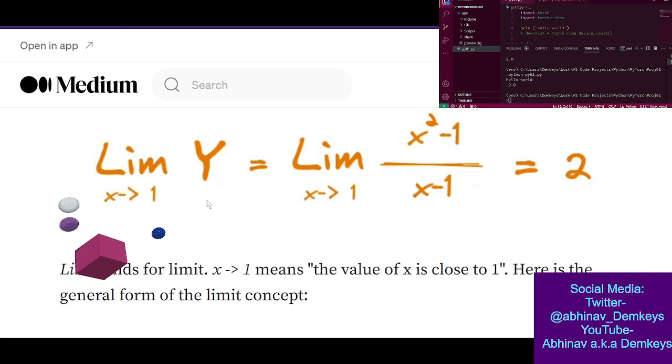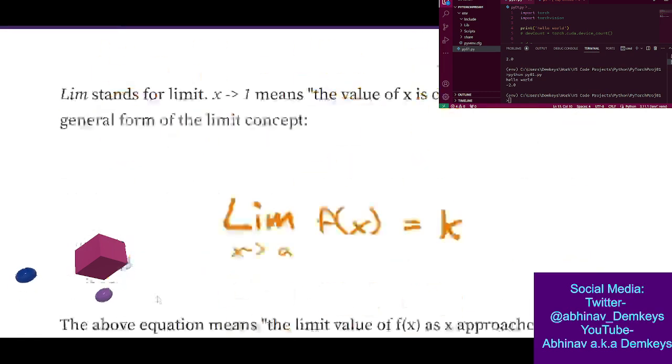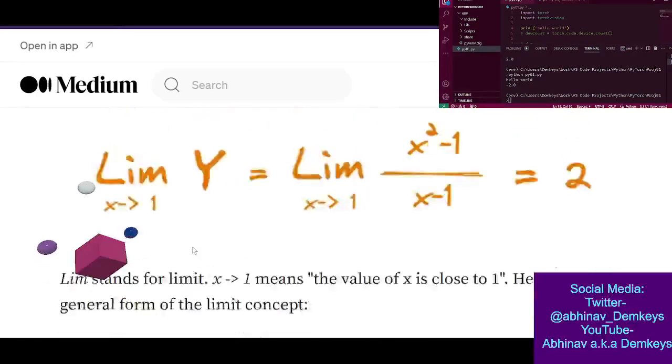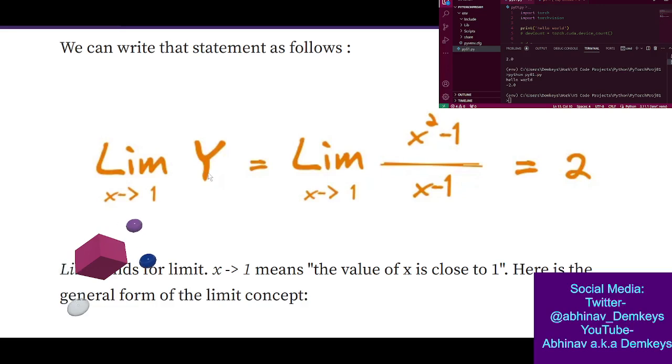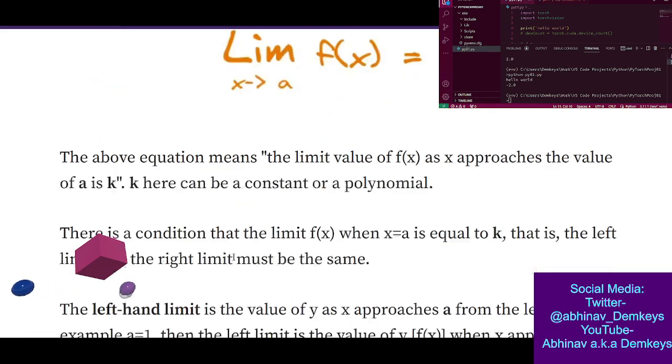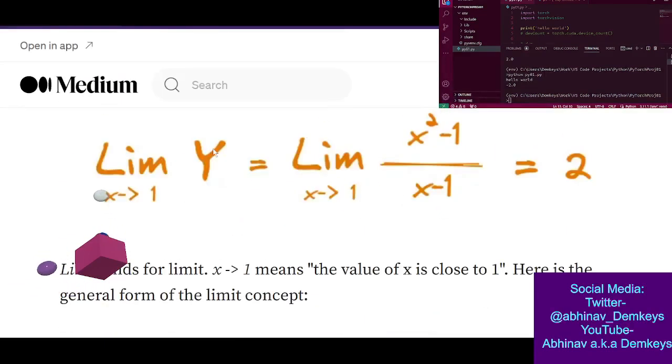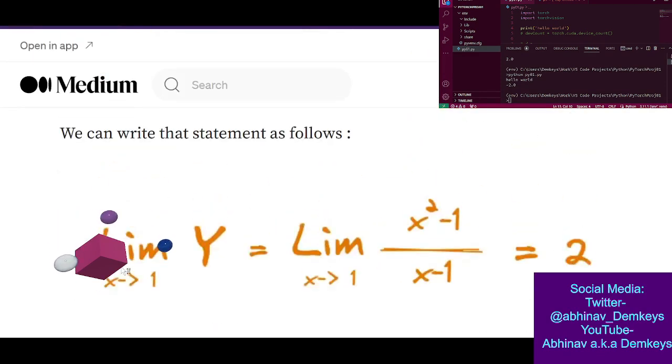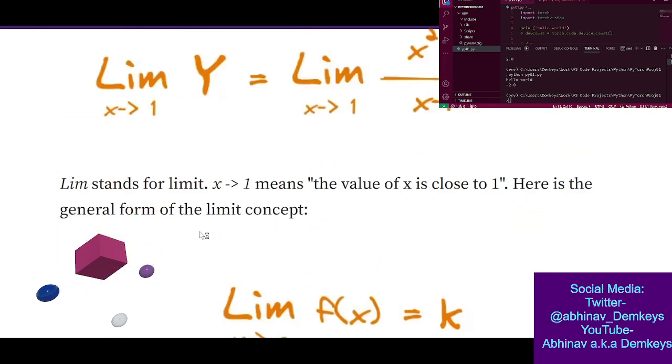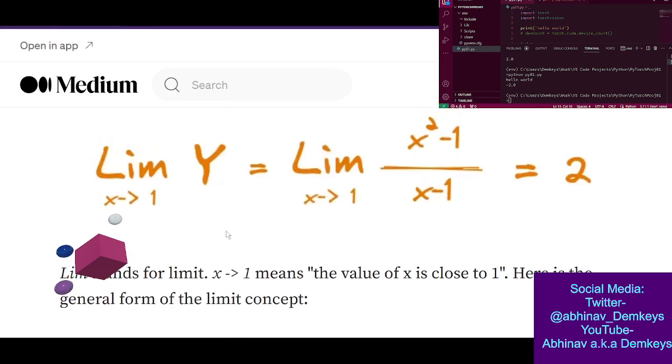Oh, wait. Does it say y here? This just occurred to me randomly. It's nothing to do with the other stuff we were just reading, but I was asking why does it say f of x here? Is it because it's the limit of a function? Is that how it's meant to be said?